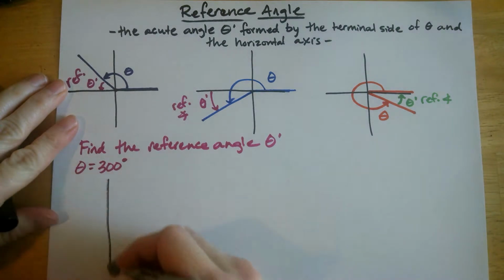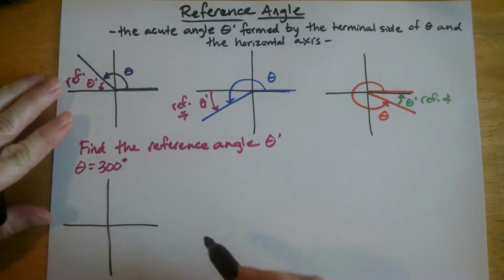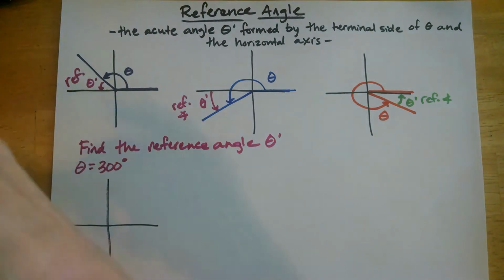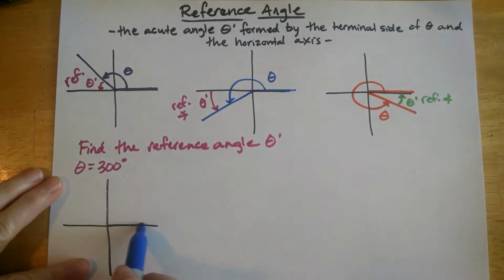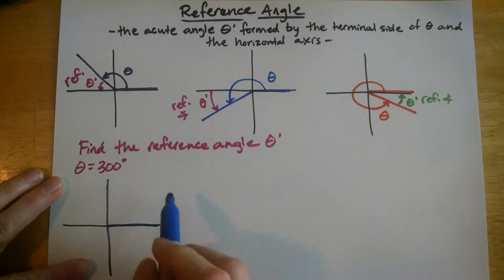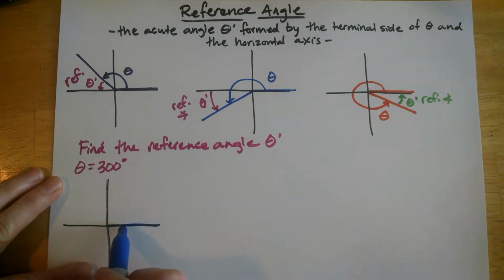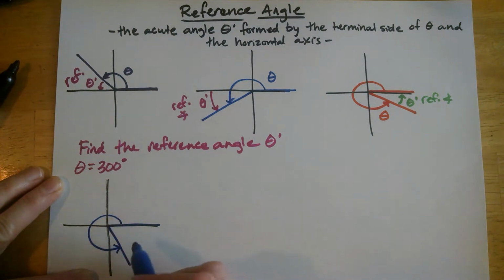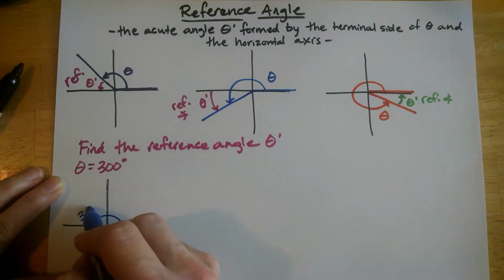So 300, it's just a few degrees shy of 2 pi, of the whole circle here. So we're going to start here. We always start on this axis here. We're going to go around 300 degrees, so he's going to end up somewhere, maybe right here. So this is theta at 300 degrees.